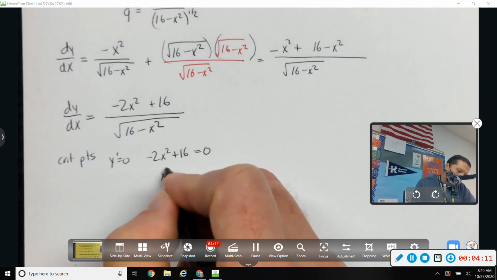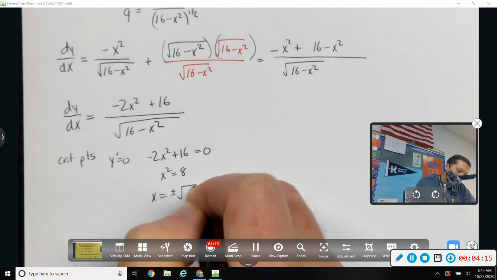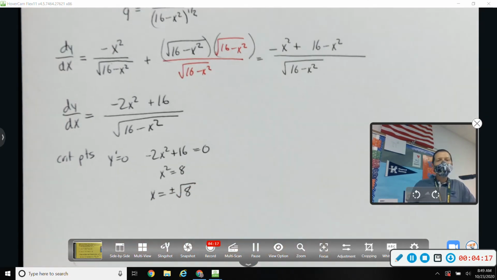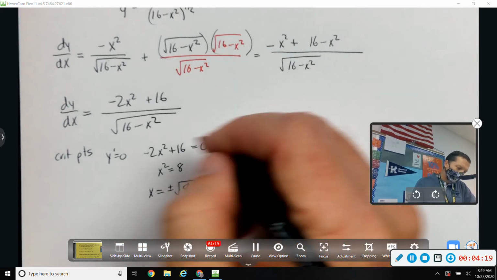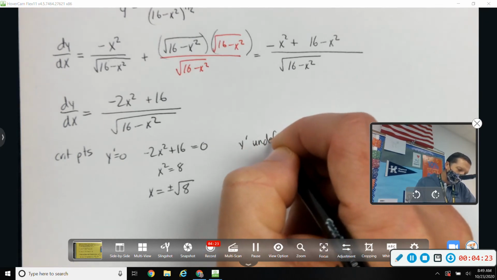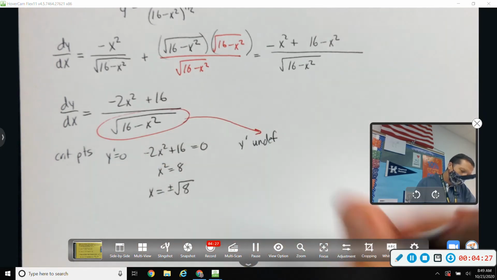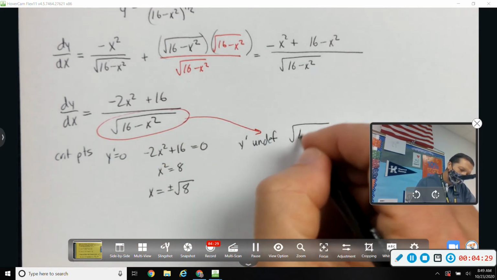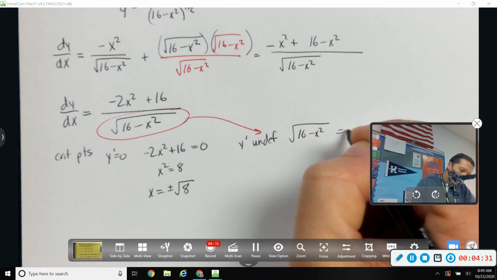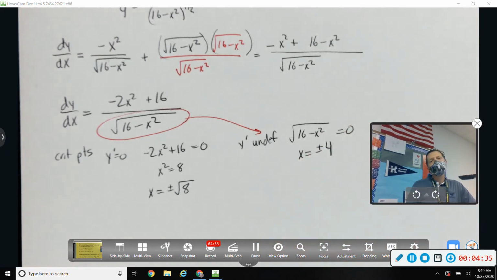So that would be x squared equals 8. So x equals plus or minus square root of 8. Critical points are also where y prime is undefined. That would be where the bottom is 0. So that would be plus or minus 4.